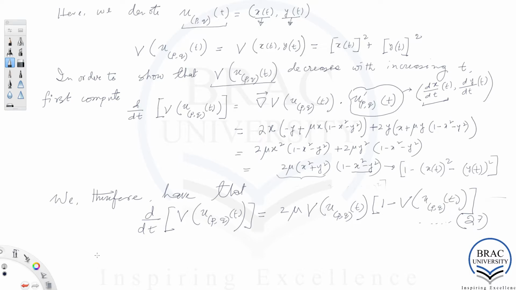Now, for our convenience, we are going to express this as small v as a function of time. So v of t is going to be equal to big V of u sub p comma q of time, for all t in this maximal interval of existence, right?